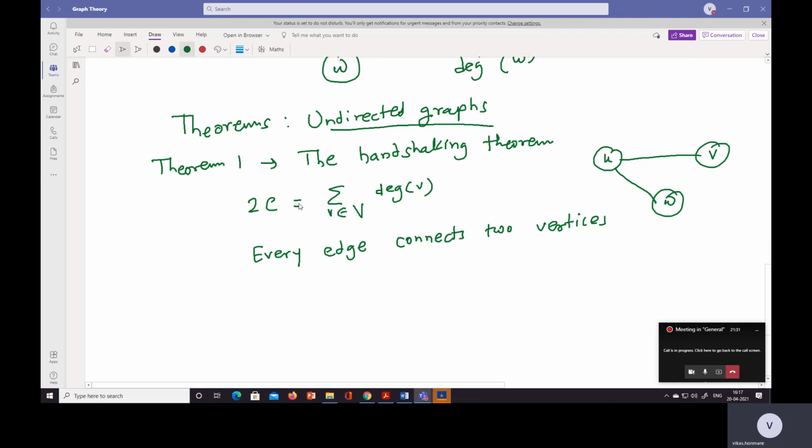That's why 2e is equal to the summation of the degrees of each vertex.